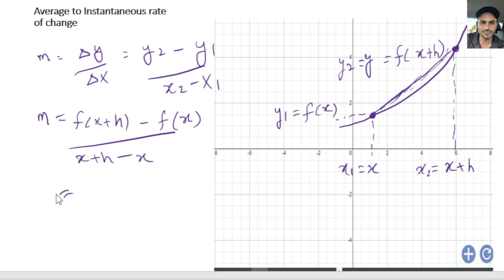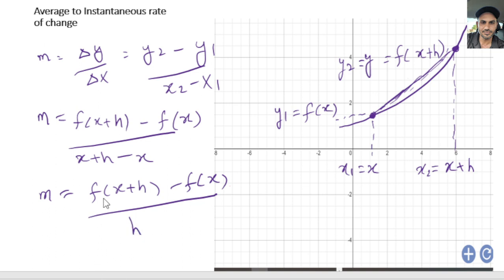Simplifying, we have f of x plus h minus f of x, the change in y, on top. On the bottom, this x cancels this x, and we're left with just h.